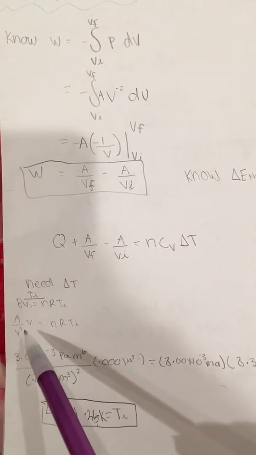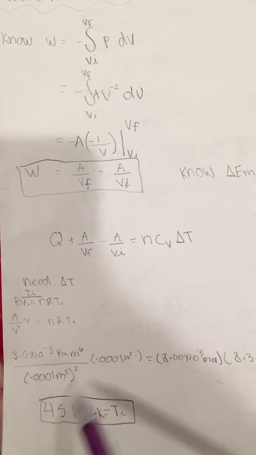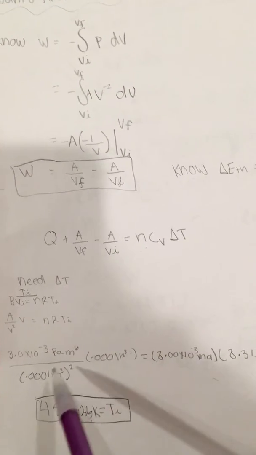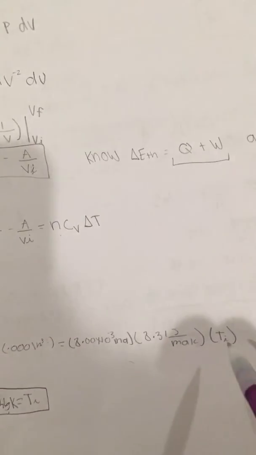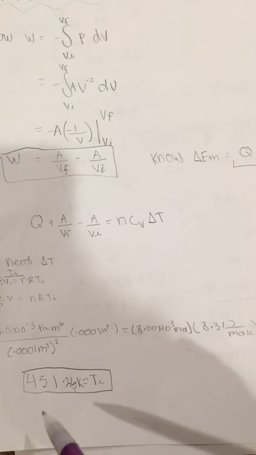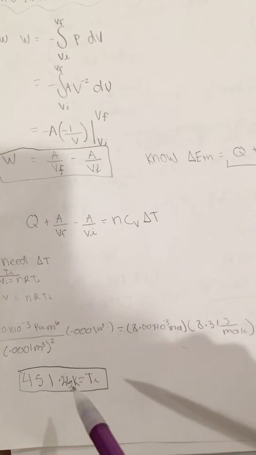So we just plug in our numbers, our A, our initial volume squared, our initial volume, our number of moles, our constant, and our initial temperature. And we solve for T initial, and we get 451.26 degrees Kelvin.